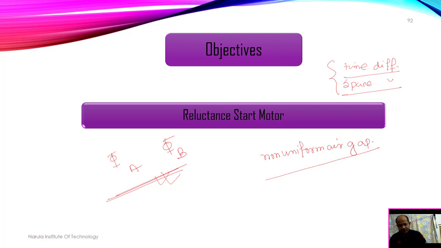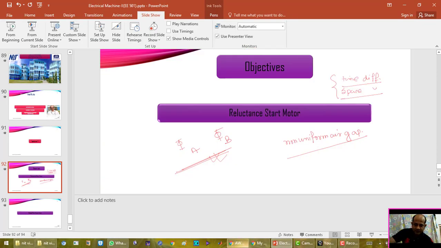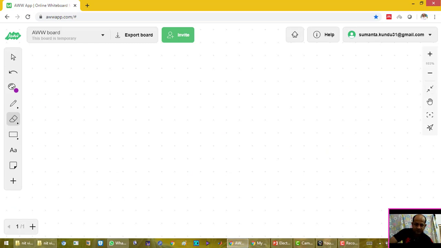Now how have we made this? Let me discuss with the diagram. Suppose this is my rotor, and inside there are rotor conductors.